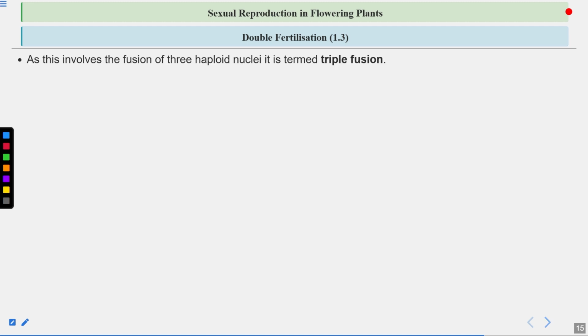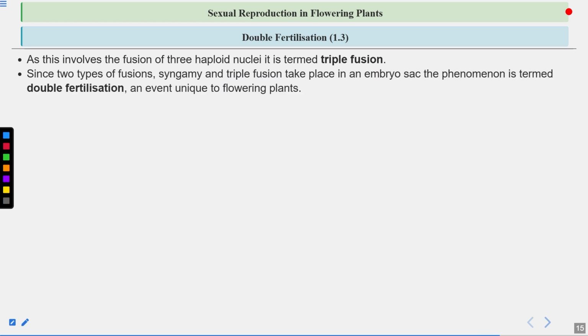As this involved the fusion of three haploid nuclei, it is called triple fusion. Since the two types of fusion, syngamy and triple fusion, take place in the embryo sac, the phenomenon is termed double fertilization, an event unique to the flowering plants. You see this only in flowering plants.